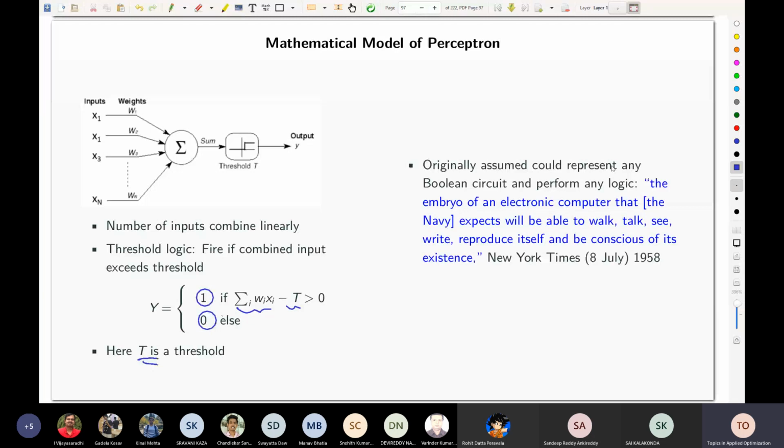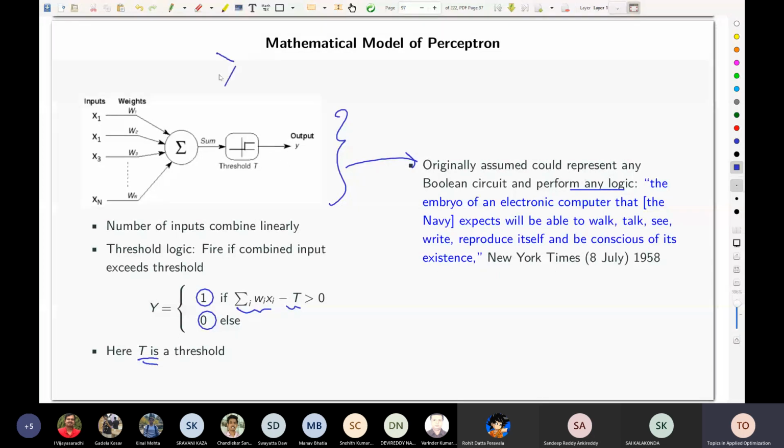Okay. The originally assumed perceptron could represent any Boolean circuit and perform any logical operation. So this is about this perceptron. So the perceptron can perform any logical unit. So far, we don't know how it can perform. So for example, can it do AND and so on? So we will try to see, right?